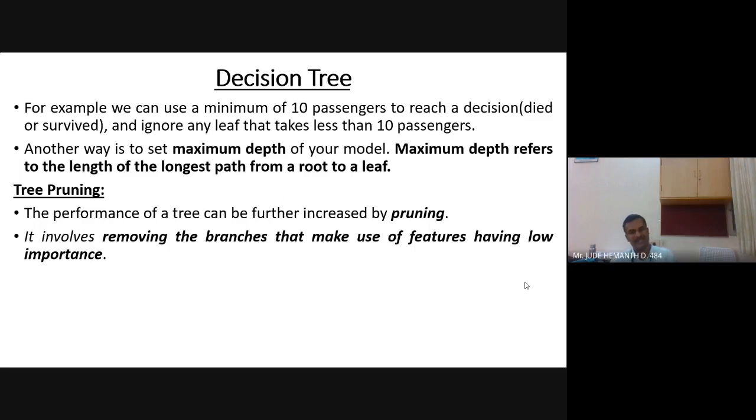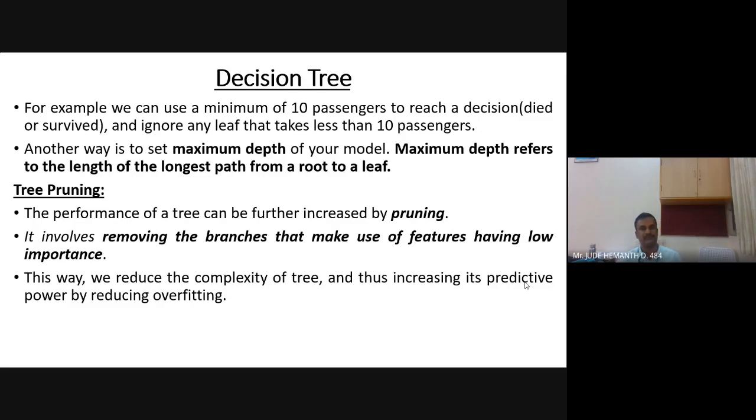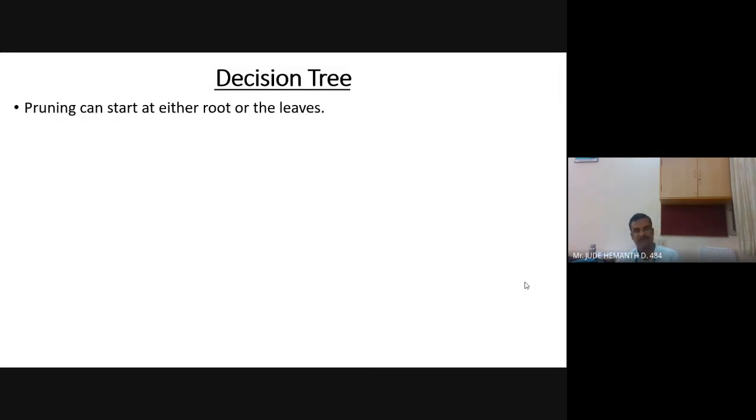So why am I saying that a specific leaf is not necessary? Because that feature or that path is not much important for me. Right? So this way we can reduce the complexity of the tree and increase the accuracy, thereby reducing the overfitting. And this process is called tree pruning, minimizing the number of leaves and also maximizing the depth of your tree.